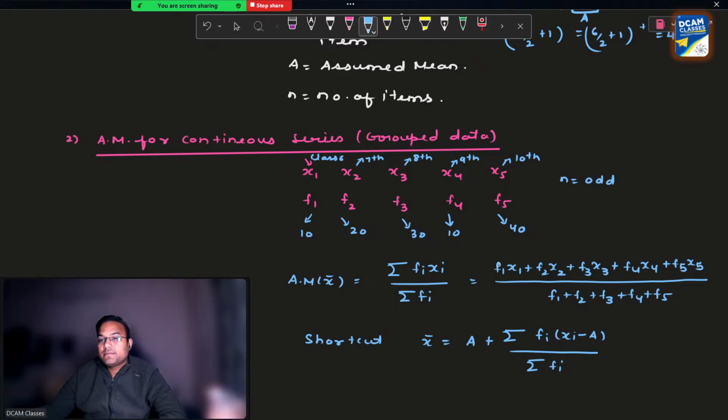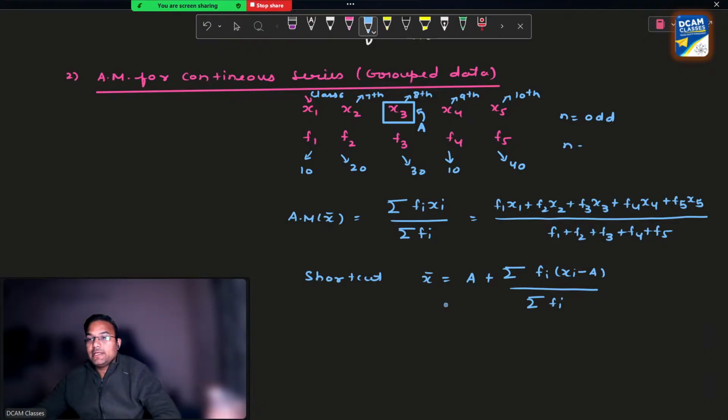So the middle term, this f3, will become the assumed mean, or the middle value will become the assumed mean. Then from each value you have to subtract the assumed mean, xi minus a, for each one, and then multiply here.